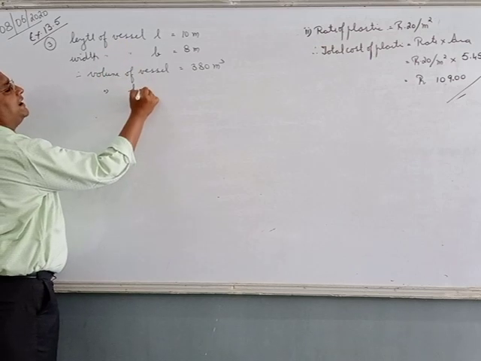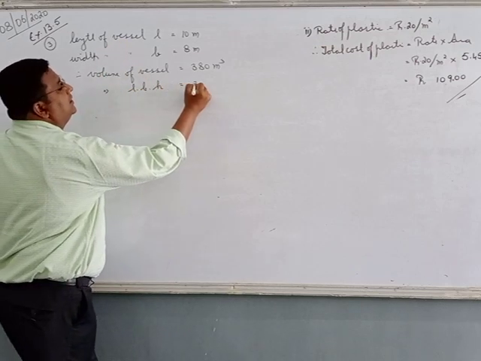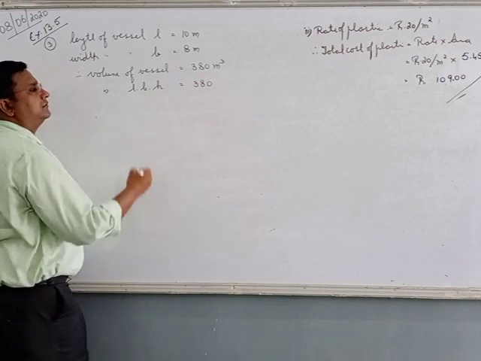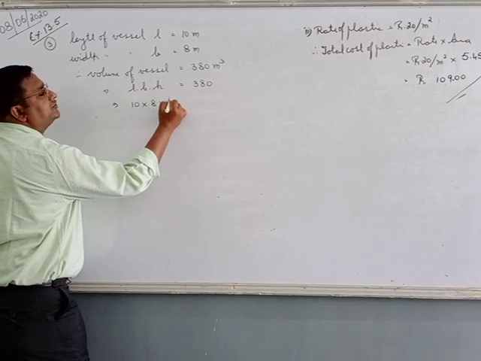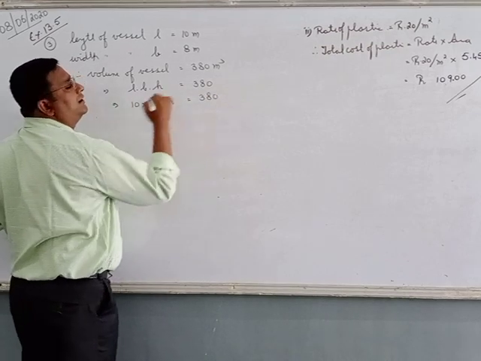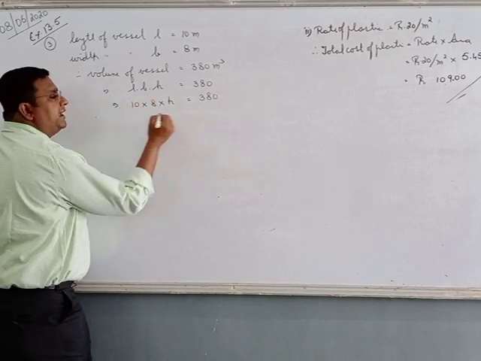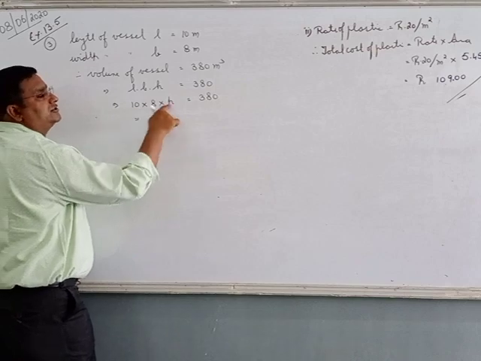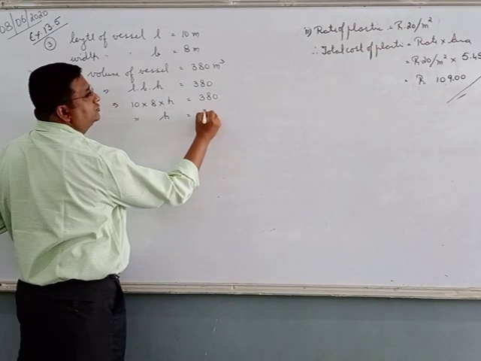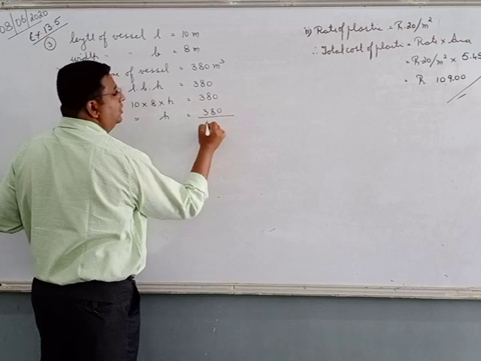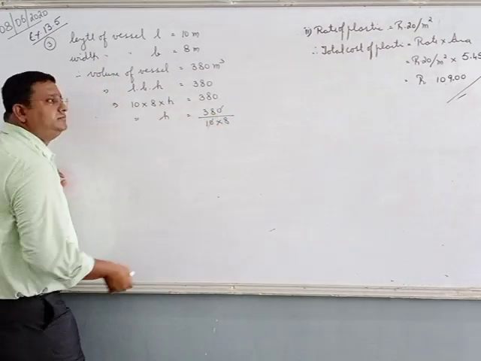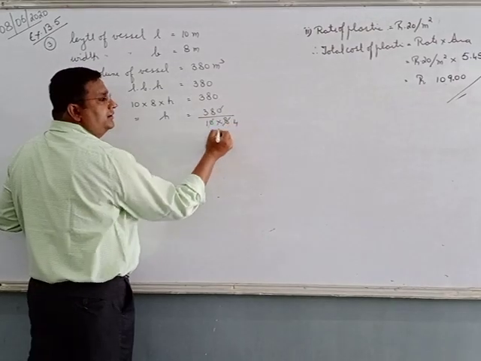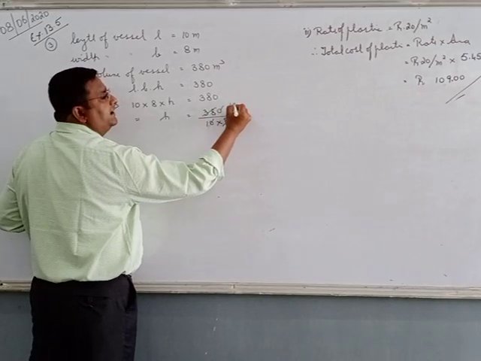It is in what shape? Cuboid. So volume of vessel L into B into H is equals to 380. Substitute the values: L 10, B 8, H we have to find, is equals to 380. Cross multiply. 10 and 8 are in multiplication, goes into division. So H is equals to 380 upon 10 into 8. 0 and 0 cancel.